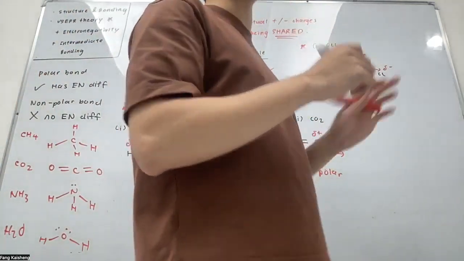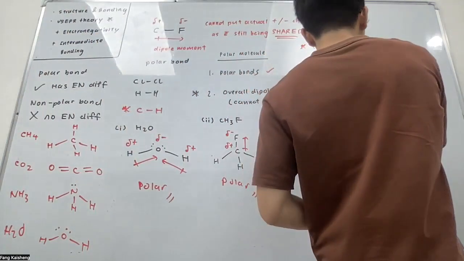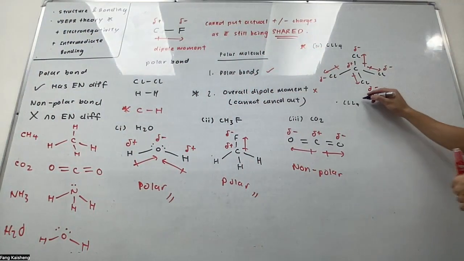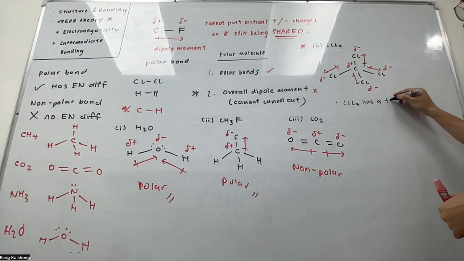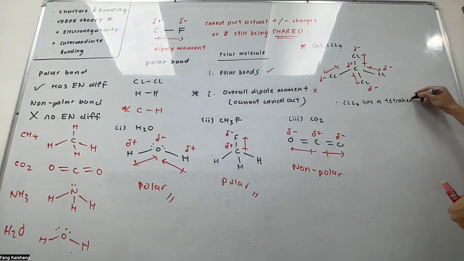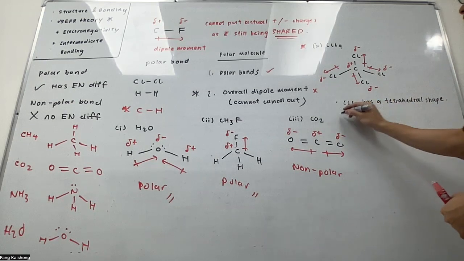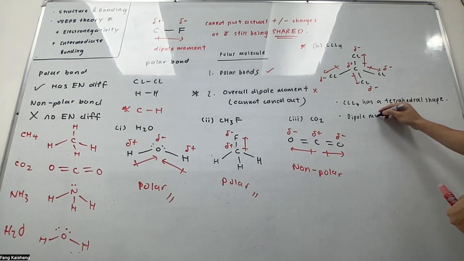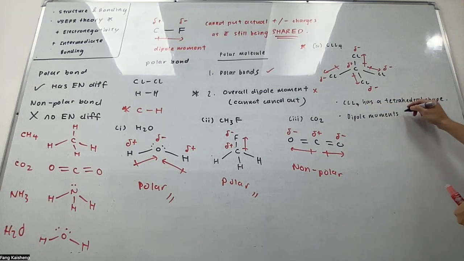Let's explain for this question. What do you need to include in your answer? First, you must tell me that CCl4 has a tetrahedral shape. That's the first keyword. The shape is what leads to this. Then you can tell me that the dipole moments of C-Cl cancel each other out in all directions.